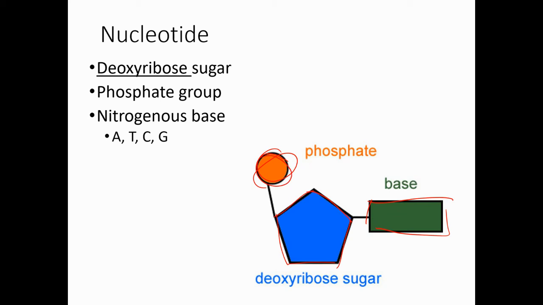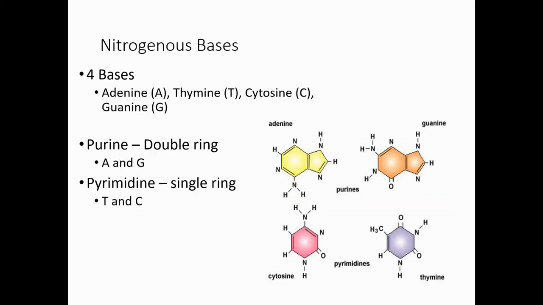The bases can be 4 different things, as I mentioned: adenine, thymine, cytosine, or guanine. Generally, we just write A, T, C, or G. It makes it a lot easier. If we look at these bases, we see that adenine and guanine are both double ring structures, and they're called purines.